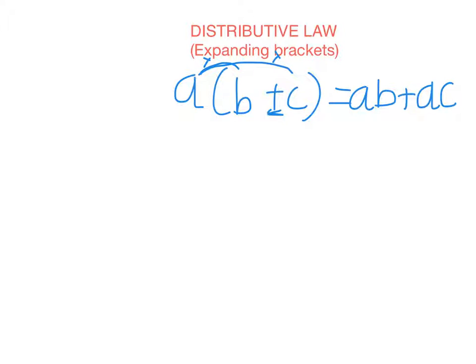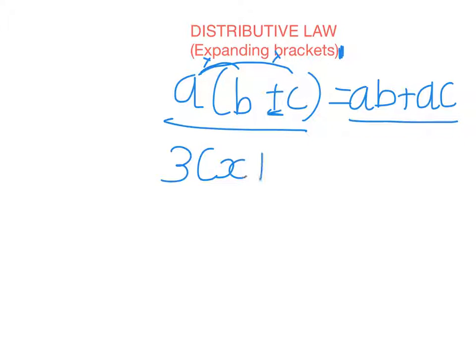So that is the distributive law. It's when you have something outside of brackets, and that's why it's called expanding brackets. When you expand brackets, you're starting with something that has brackets, and you're finishing off with something that does not have brackets.